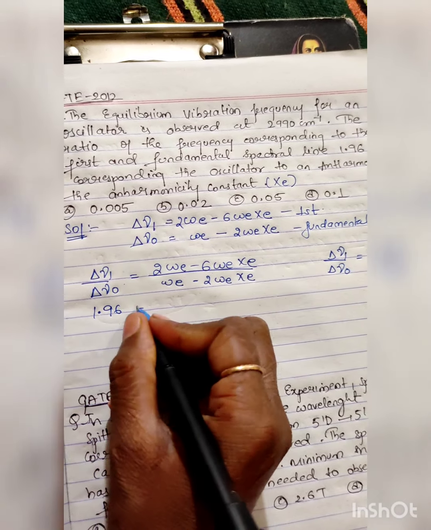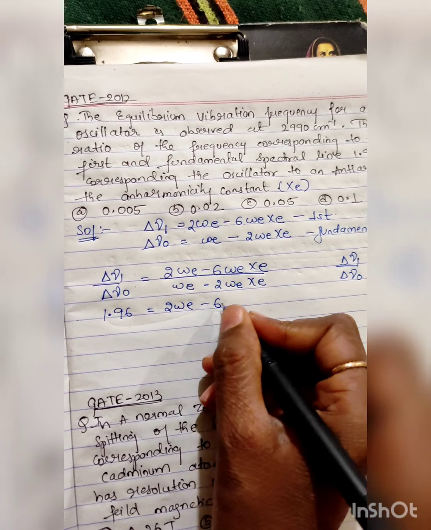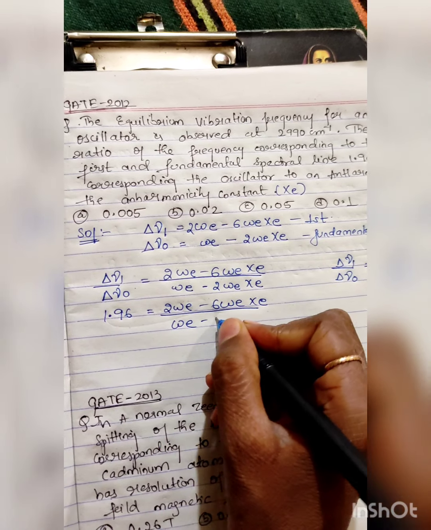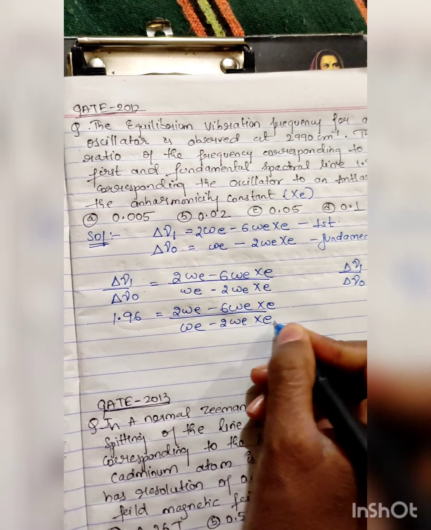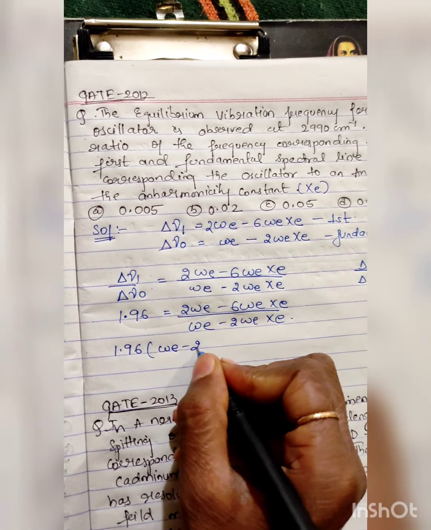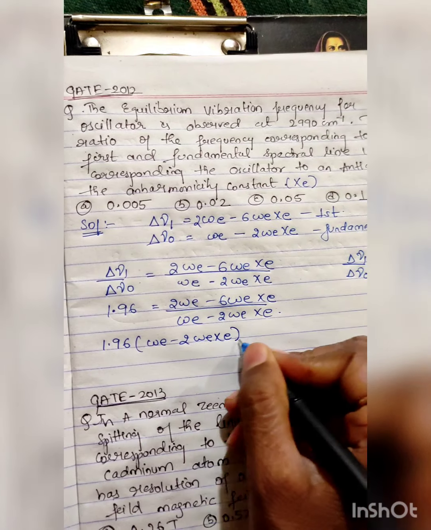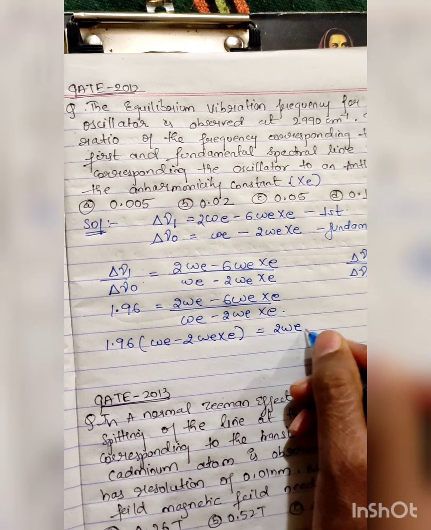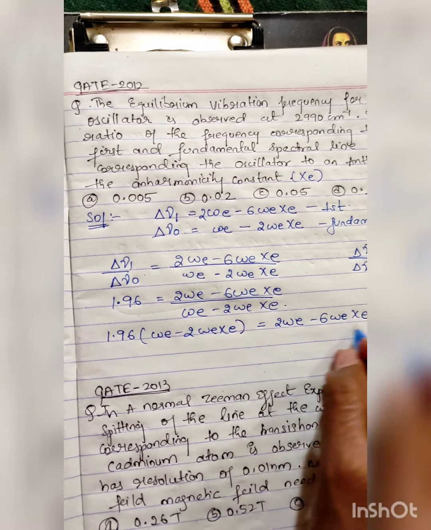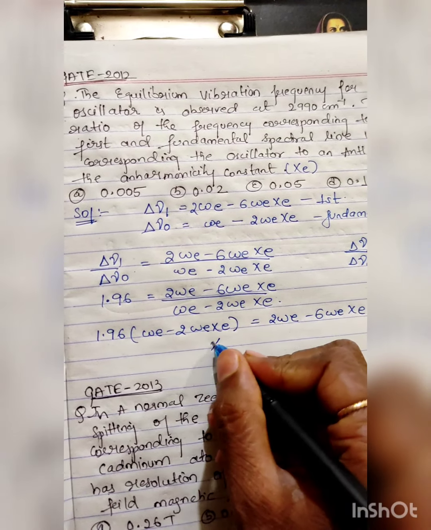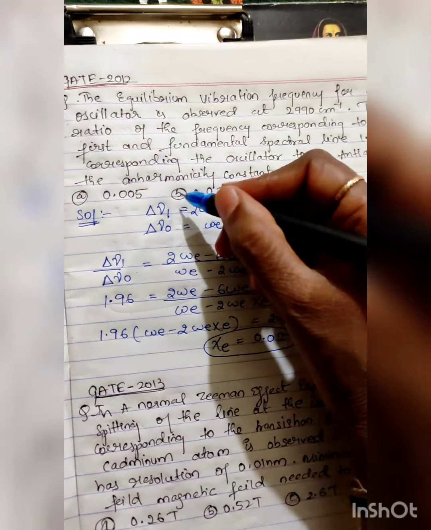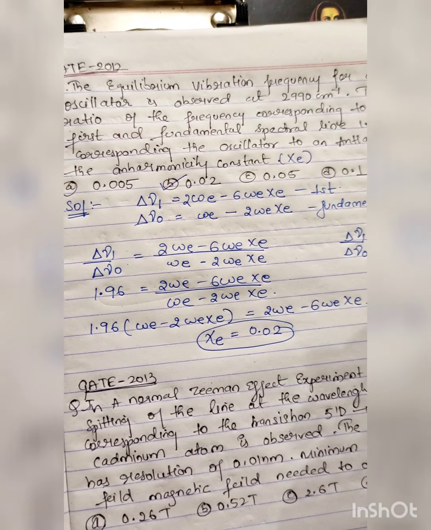Substitute the value here and simplify so that you get the value of xe. Cross multiplying, we get 1.96 times omega e minus 2 omega e xe equal to 2 omega e minus 6 omega e xe. Simplify this equation and you will get the value of xe as 0.02. So option B is the right answer.